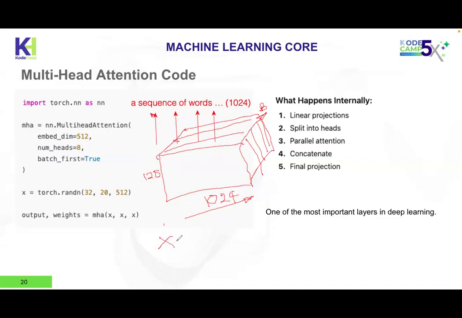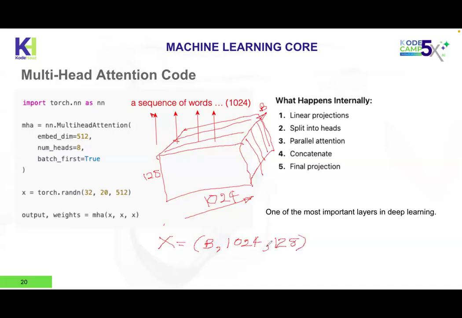The shape of X is batch, which is the number of sequences, then the sequence length, which is 1024, then the embedding depth or embedding size, which is 128.